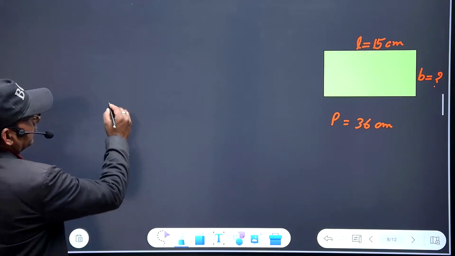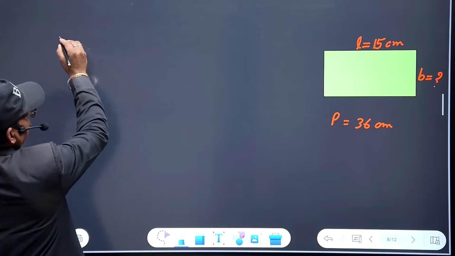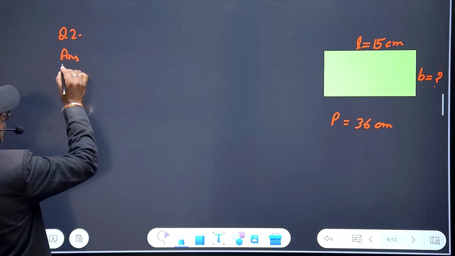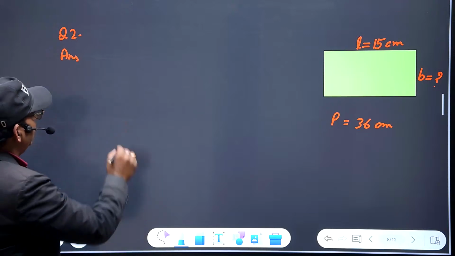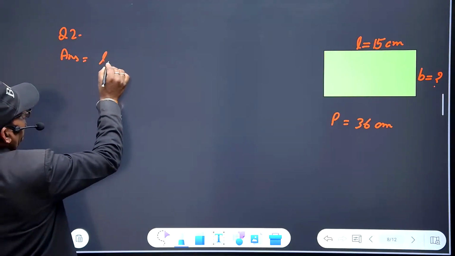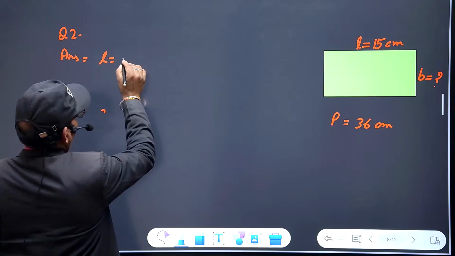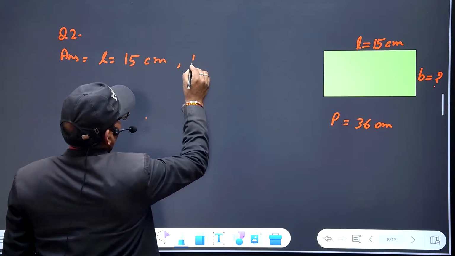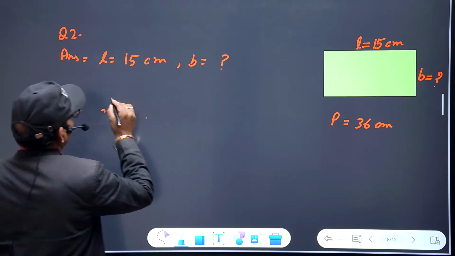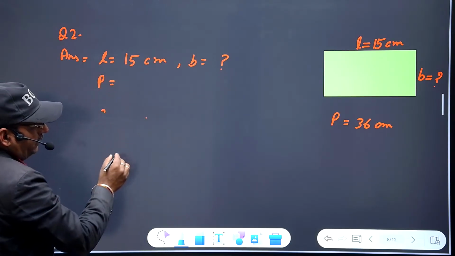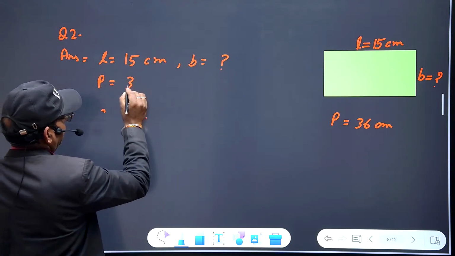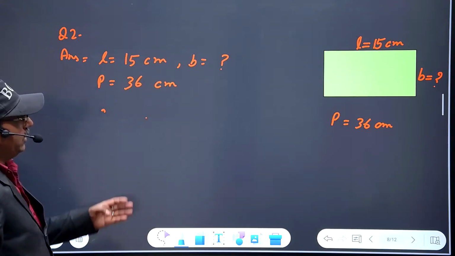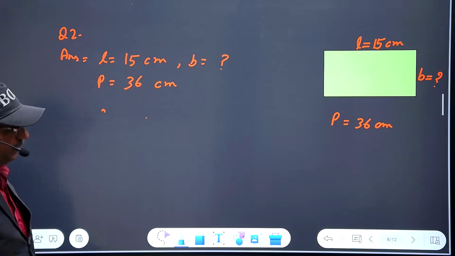So here, question number 2. What is given? Length is given, 15 centimeter. You don't know the breadth, and perimeter is given, 36 centimeter. So how will we find the breadth?